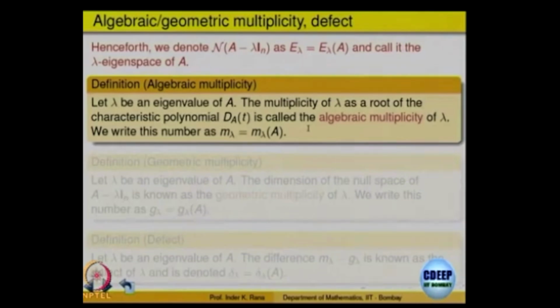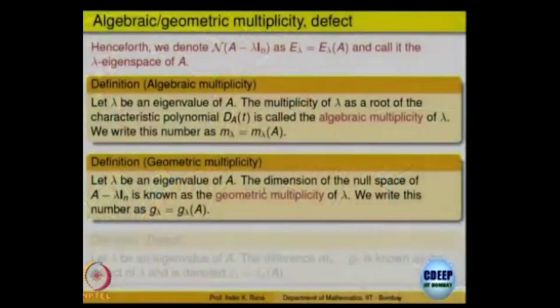Now on the other hand, for this eigenvalue, we are interested in eigenvectors. How many eigenvectors exist depends on the dimension of the null space. We call that the geometric multiplicity of the eigenvalue. So what is geometric multiplicity? That is the dimension of the null space of A minus lambda I, the same as the nullity of this matrix.